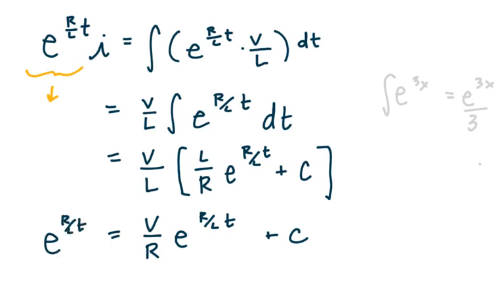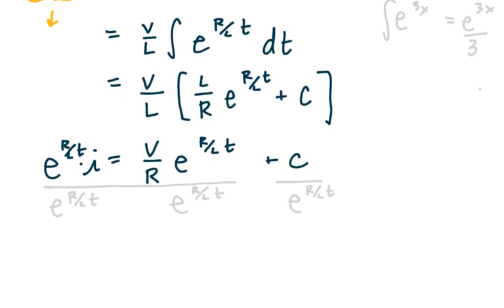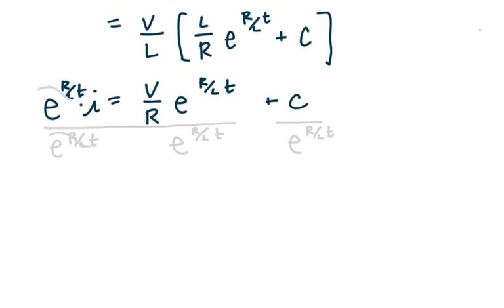So keeping in mind what I have up above, that this is all equal to e to the r over L t times I on the left side of my equation, I can divide by that on both sides. And in this case, because I'm dividing by a variable, I'm going to need to make sure I apply that to my c. Okay, so I divide everything, that cancels on the left, and now I have I equals v over R. Those guys are going to cancel.